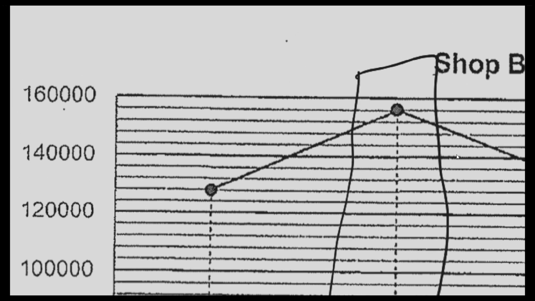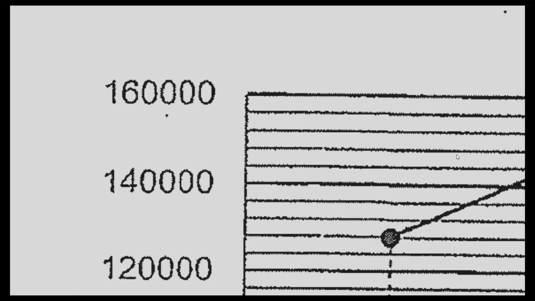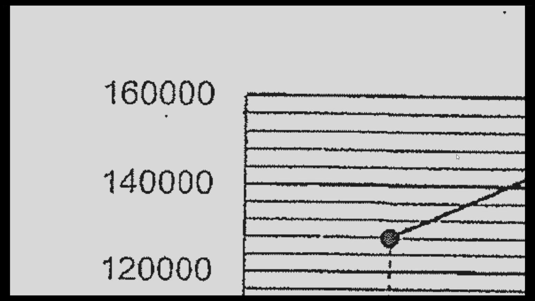How much money is this, right? So in the middle we know that this is $150,000.